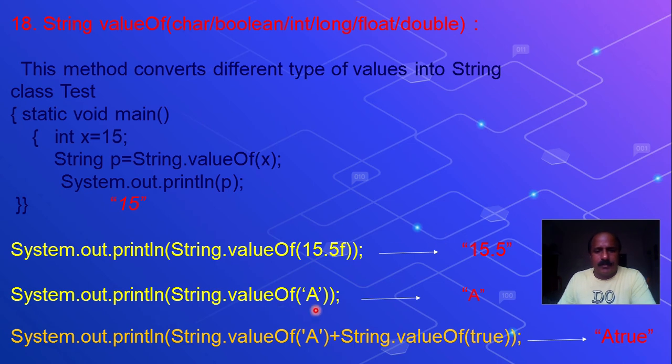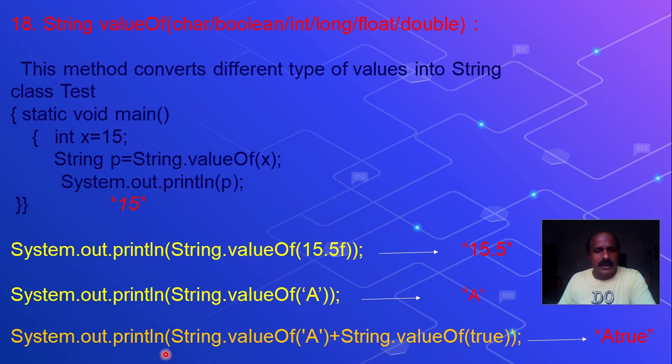Now valueOf('a'), if you give a character over here, you will get that character, but it is a string now, not a character. So the character will be converted to string.